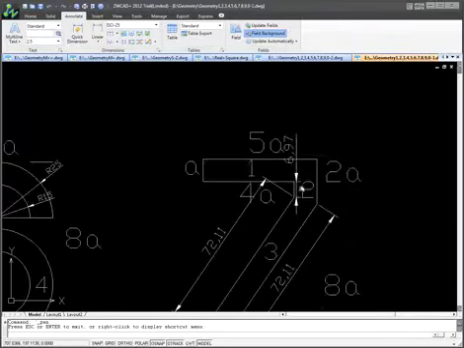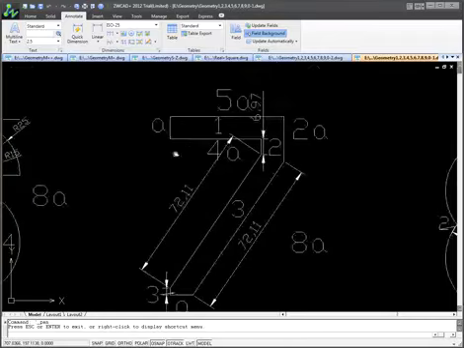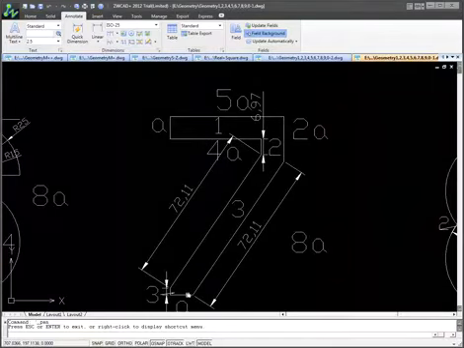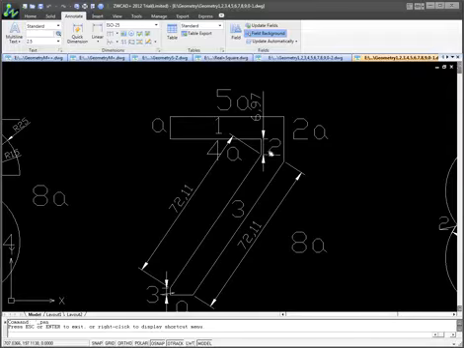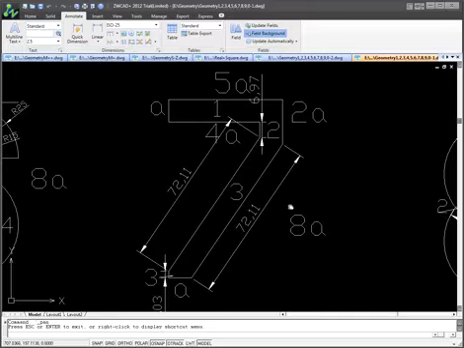In this case, this is 5A, 2A, and this will come according to this value. When we connect here, leaving A behind, this will be formed, and then this will match it. Drawing-wise, this is not difficult to construct.